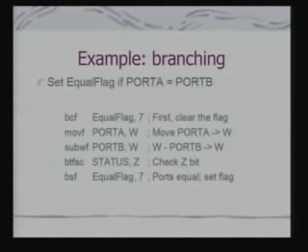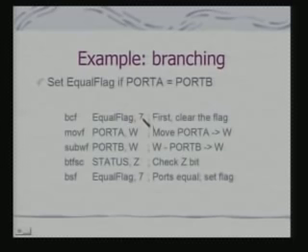This is an example of branching, and obviously you know that when we are using branching, the most interesting thing is that I shall typically be using the skip instruction. Now, in this case, we are declaring a particular location, this equal flag, a particular bit in that register, and I am clearing that bit.